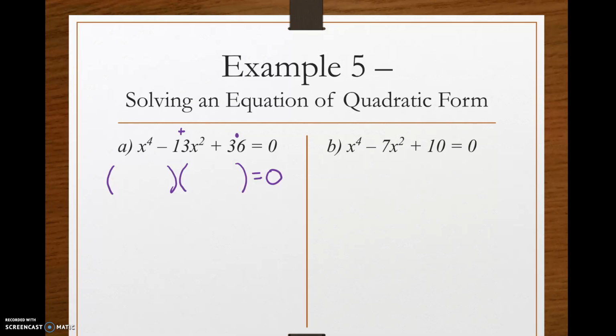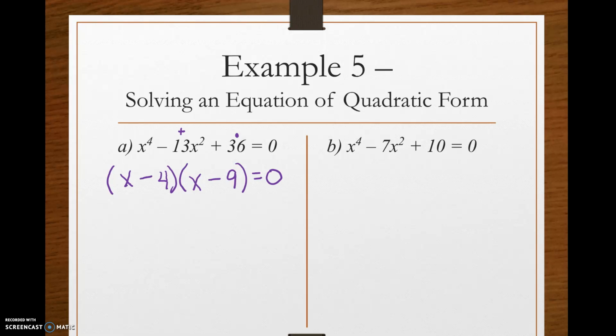Would 4 and 9 work? Yeah. Because it's positive 36, they either both have to be positive or both have to be negative. We're adding up to negative 13, so they both have to be negative. This is how we factored trinomials yesterday, when the trinomials were x squared minus 13x plus 36.